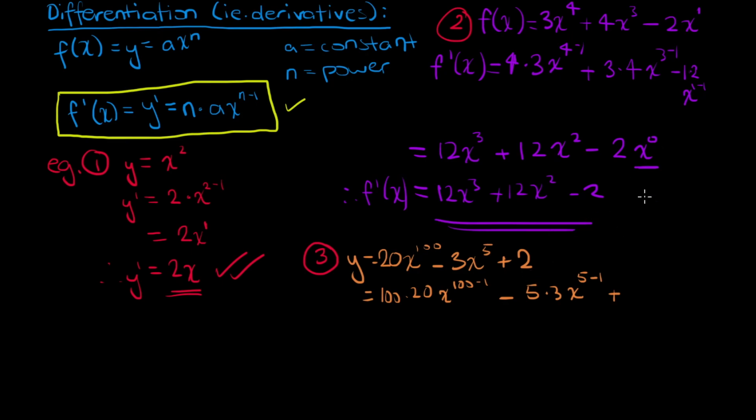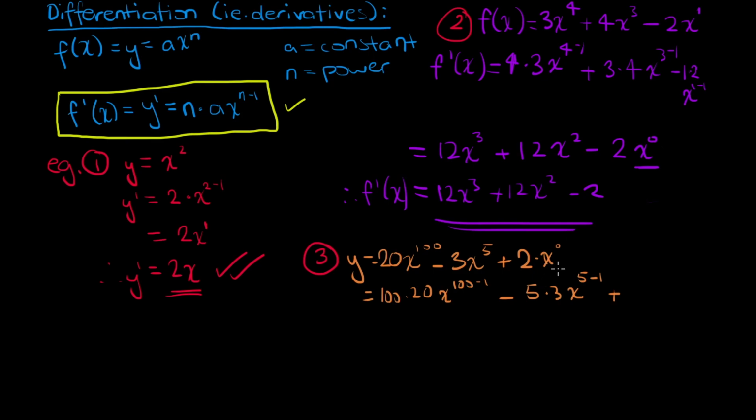If you recall, in the previous example I said that anything to the power of 0 equals 1. And 1 times anything will be anything. So 1 times 2 equals 2, 1 times 3 equals 3, 1 times 100 equals 100. So another way of writing just 2 is writing 2 times 1, correct? But another way of writing that is 2 times x to the power of 0, because we said that x to the power of 0 equals 1.